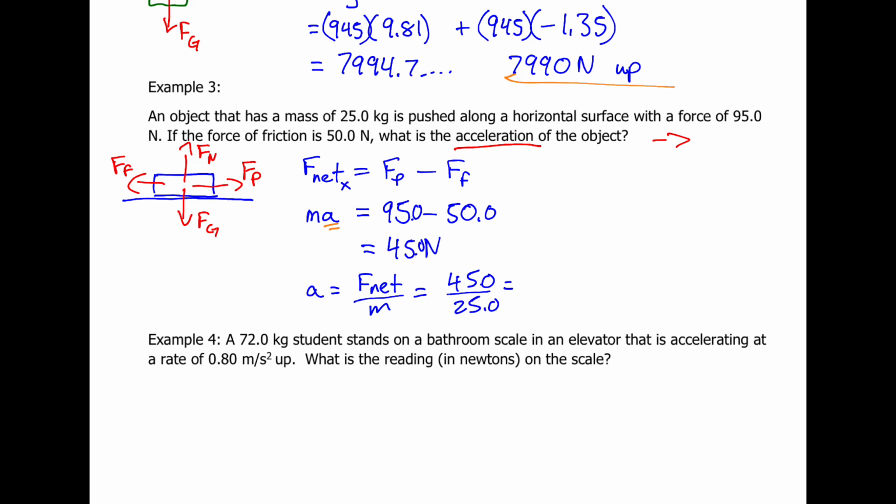So what's this? 45 over 25? It's 180, right? So I get 1.80 meters per second squared. Why is that 0 there? Sig figs is true. There are 3 in this whole question. That's 3 in everything, so the answer has to have 3. Even if it works out to a nice, almost round number of 1.8, we have to add that 0 in because we do know that 0 is accurate.